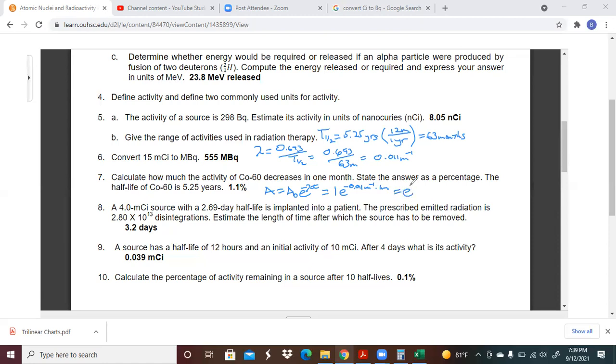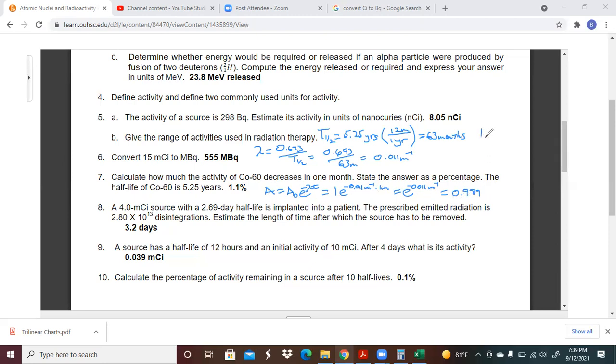This gives us e to the minus 0.011. As it turns out, when you multiply that out on the calculator, we come up with the activity is 0.989.